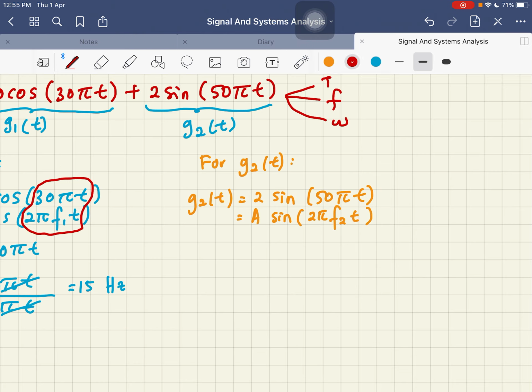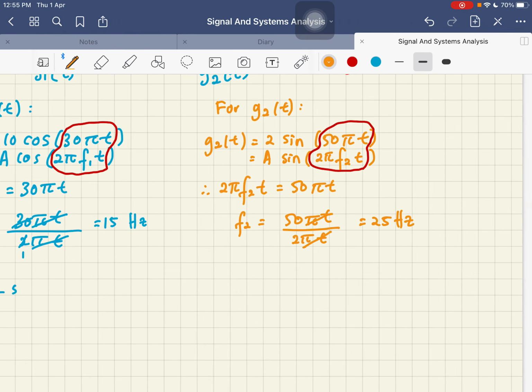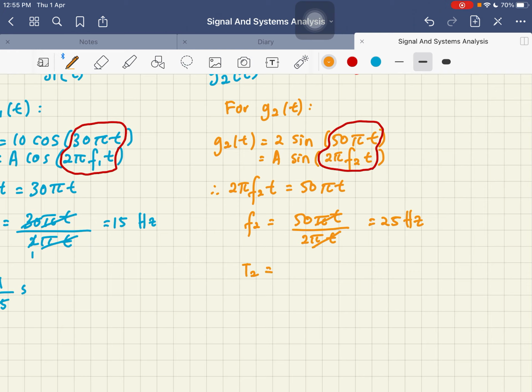So again we take the terms in the bracket to be equal, so that we will have 2 pi f2 of t equals 50 pi t, right? So that f2 will be 50 pi t divided by 2 pi t. So this cancels out. 50 divided by 2 will give me 25 hertz. So I will have T2 equals 1 over 25 second.